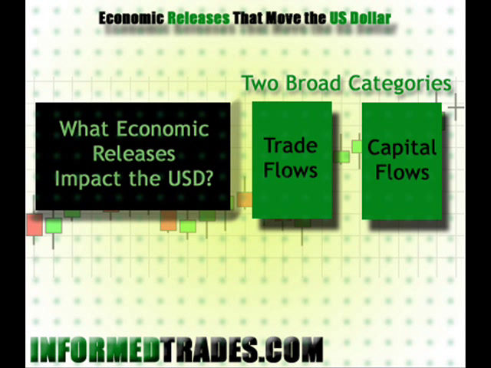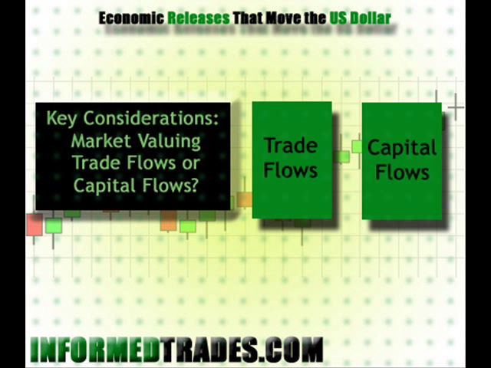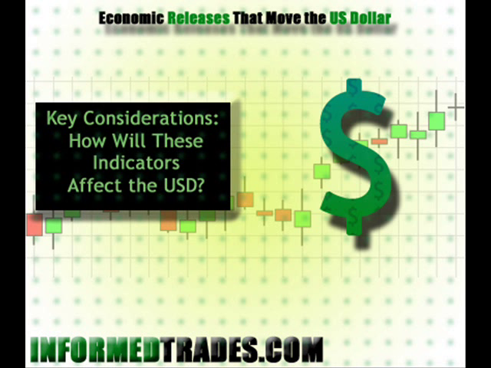Once you have an understanding of this, all that is necessary to understand how economic numbers move the dollar is to understand which numbers are important to the market at the time, whether those numbers fit into the trade flows or capital flows category, and how they should affect the dollar as a result. As we learned in Module 8 of our Basics of Trading course, how the market reacts to economic releases is generally determined by two factors.